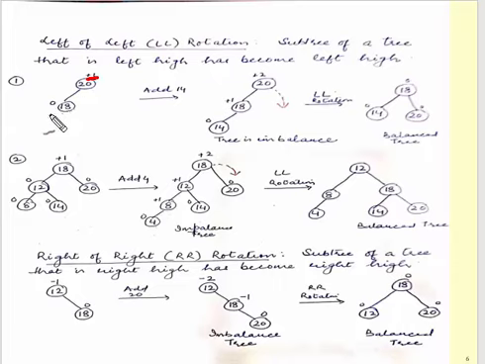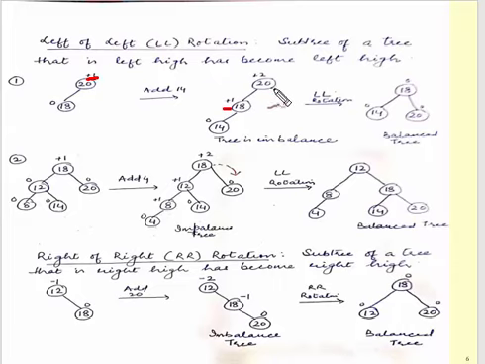First the subtree was even, but now the subtree has become left high. So that's why this is called left of left. That means a tree that was already left high, after adding a node, the subtree of that has become left high.